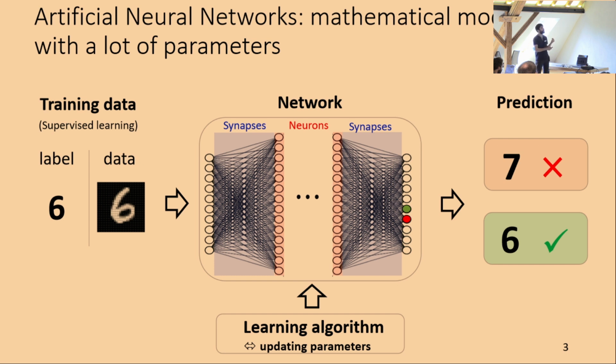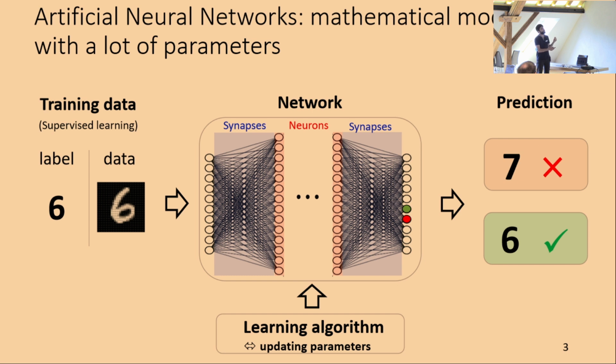Now, what you do with those inputs, which in this case are images, is take each pixel, which has an associated brightness value. Each pixel will constitute your input for the network.